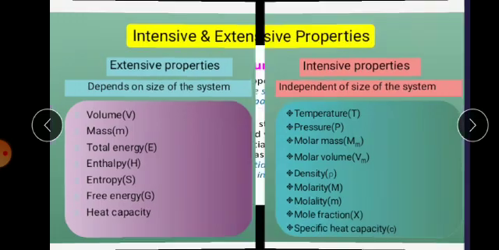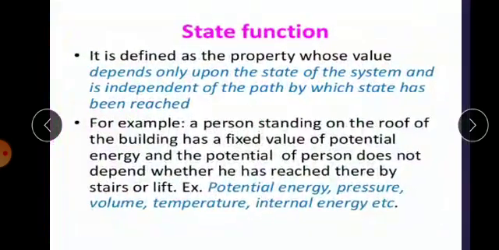Next, we are going to see state function, the state variables of a system. What is a state function? It depends only upon the state of a system and it is independent of the path by which the state has been reached. One example: suppose a person standing on the roof of a building has a fixed value of potential.